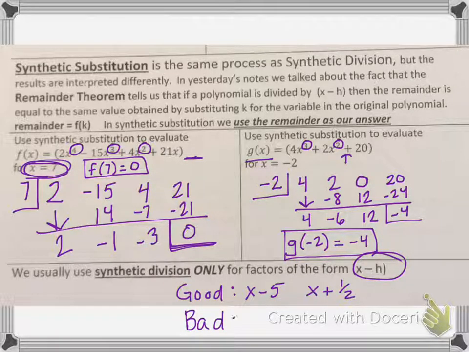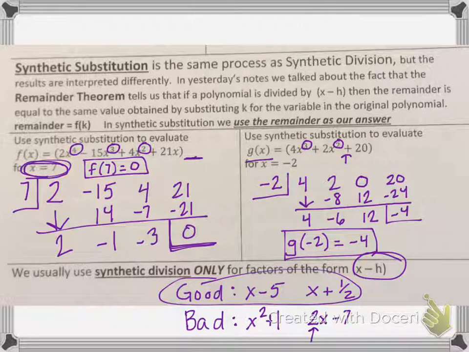Bad ones we cannot use synthetic division on: something when you have an x squared or an x to the third or x to the fourth, or even something like this. We cannot do synthetic division when there's a number in front of the x, or a coefficient in front of the x. So, when can you use synthetic division? In cases like that. We cannot use it in cases like those. Okay? All right, happy studying.